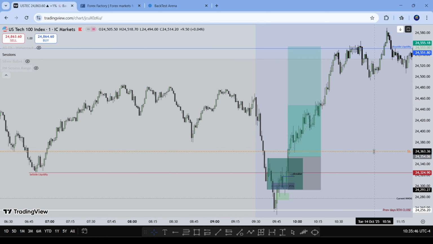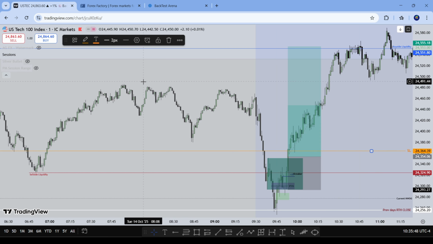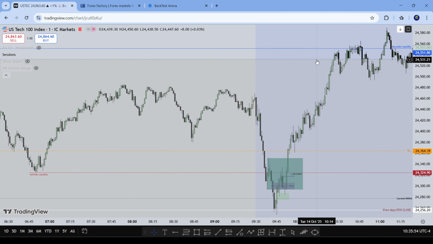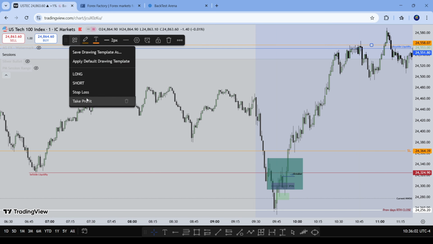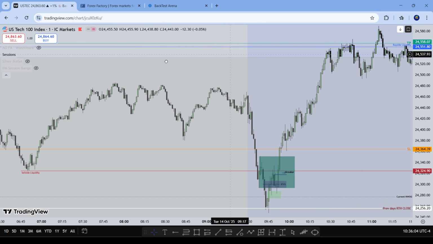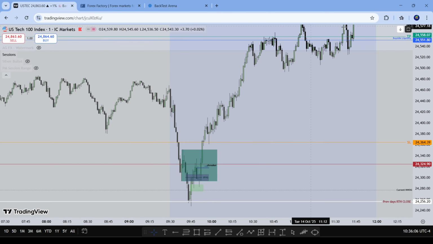Once price has taken out this level, now you move your stop to break even. And once price is getting close to your target, you take away your take profit level now. Let this be your hypothetical take profit. Okay, stay with me, fellas. So now you take it away.